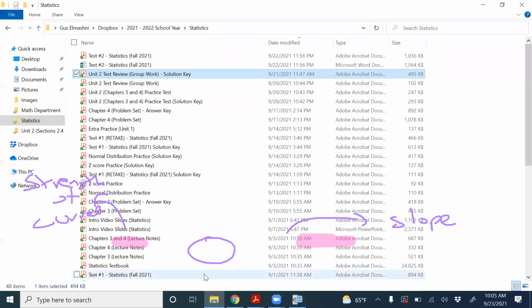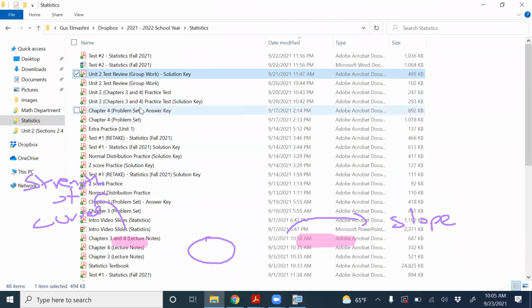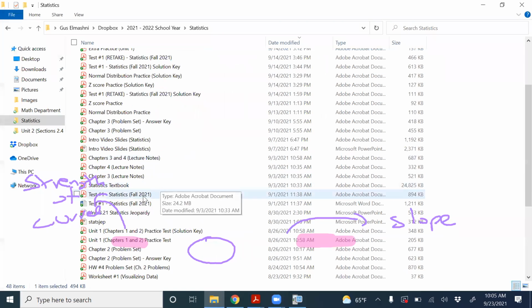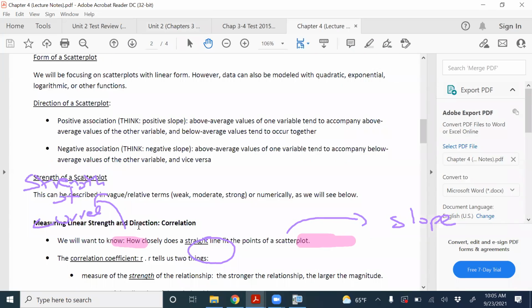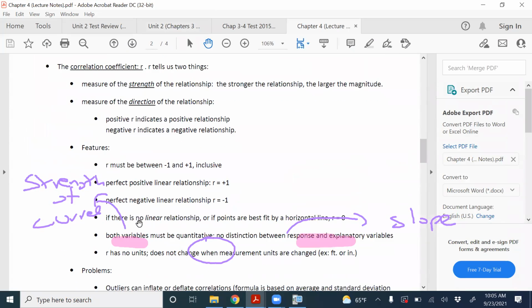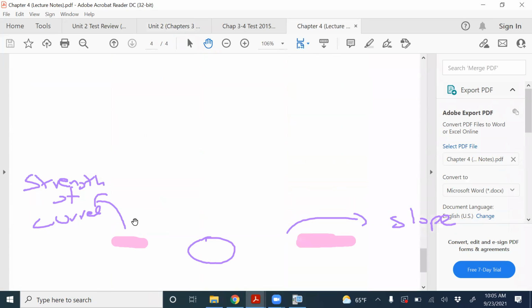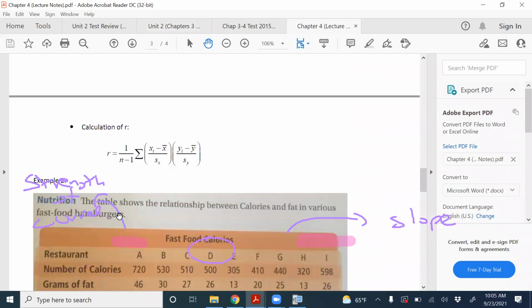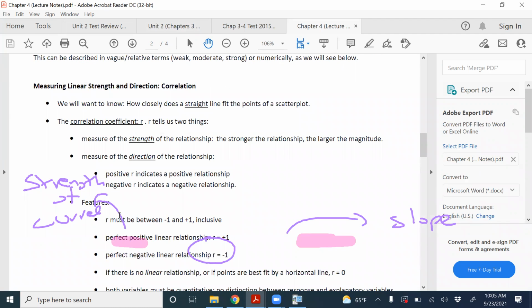And actually, if we go back to our notes, so definitely get your notes, which are right here. Basically you're looking at how tight it is and then the direction.